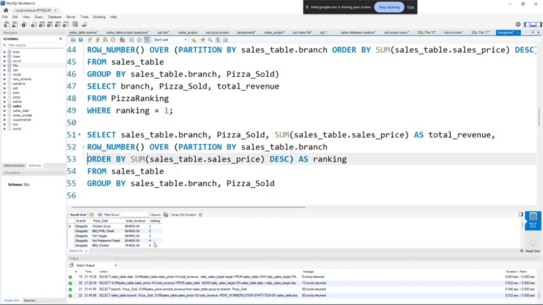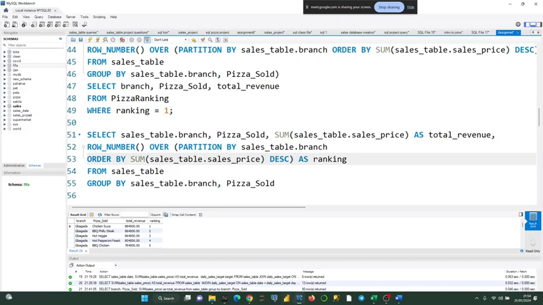I want you to add a ranking number to all these rows that I have here. That is ROW_NUMBER OVER PARTITION BY. If you want me to add row number, how do you want me to add it? I want you to use the branch as reference, because the branch occurs more than once.